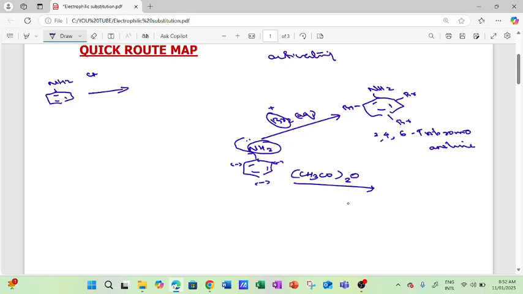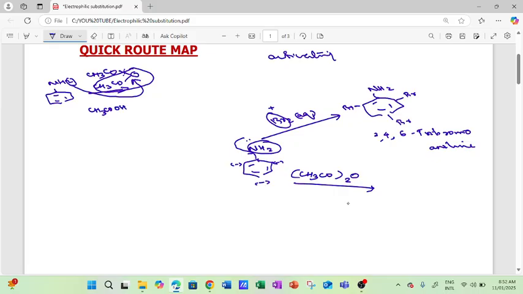That can be written as CH3CO and CH3CO, connected through an oxygen atom. One of the bonds breaks here and one hydrogen goes with this oxygen atom, so this part changes into CH3COOH, which is acetic acid.